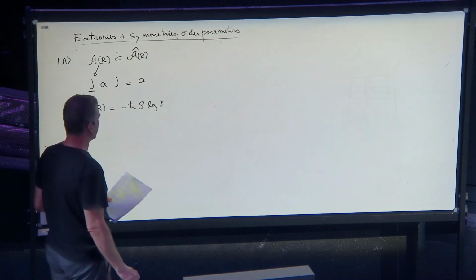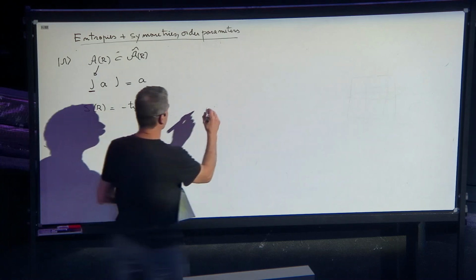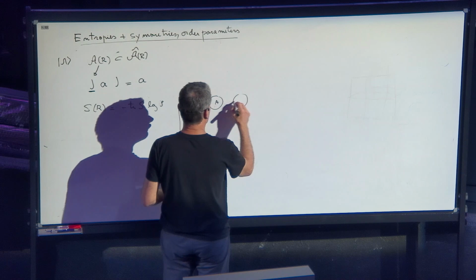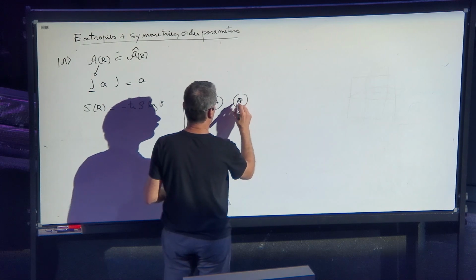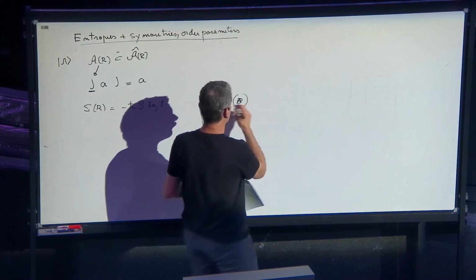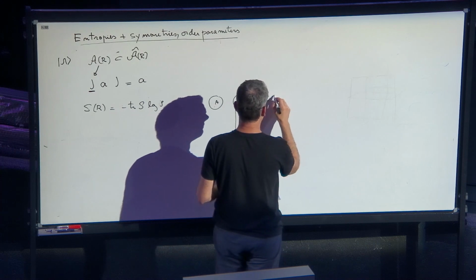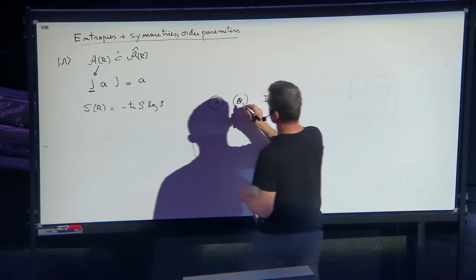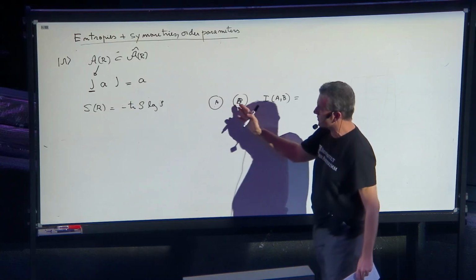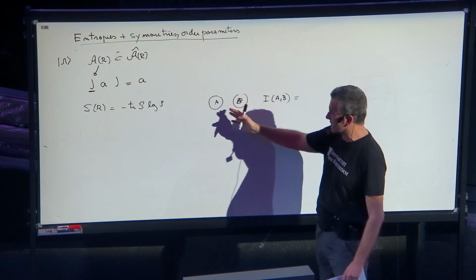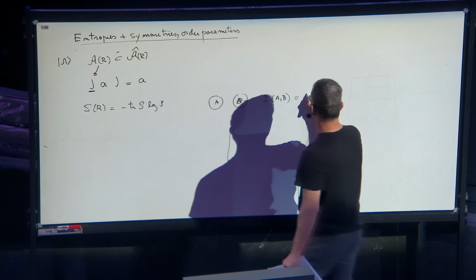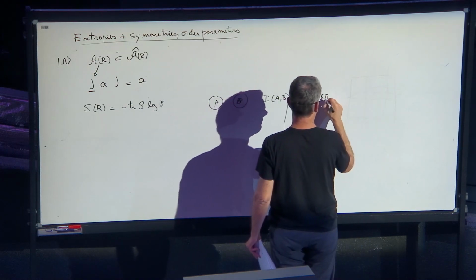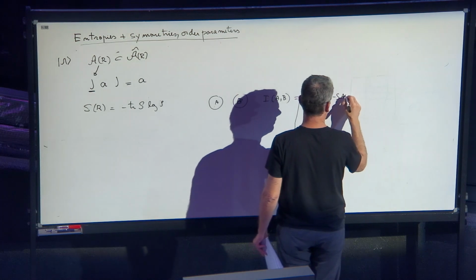One thing that people can do in order to have something well defined is to take two regions and evaluate the mutual information. That is two regions, two algebras and one state. You evaluate S_A plus S_B minus S_{A union B}.